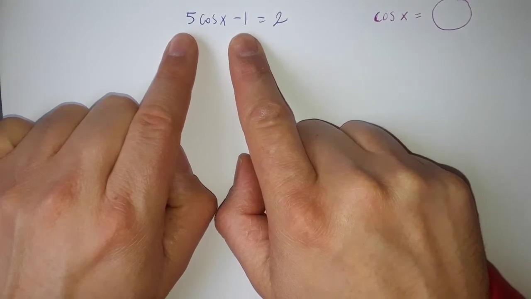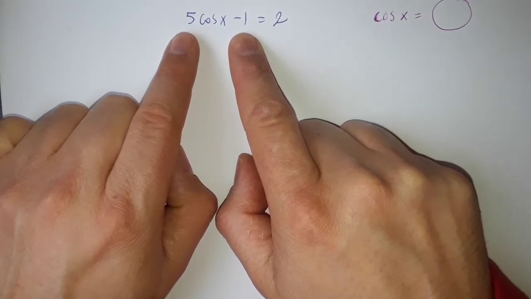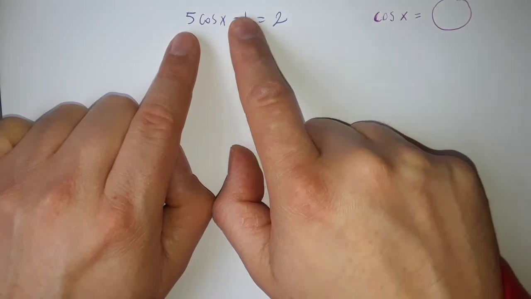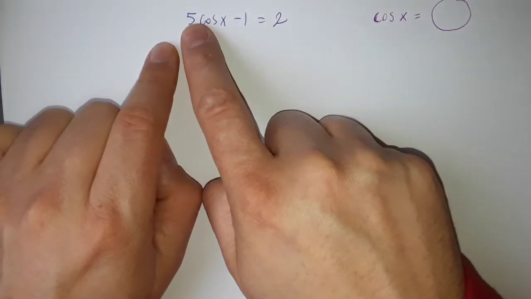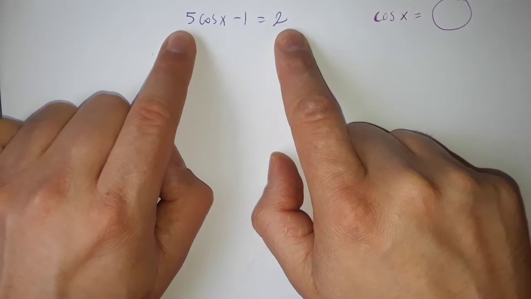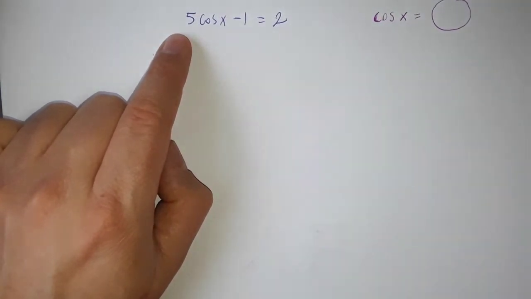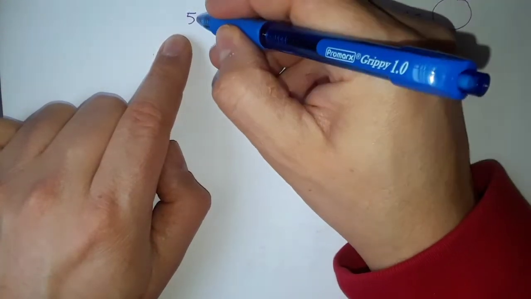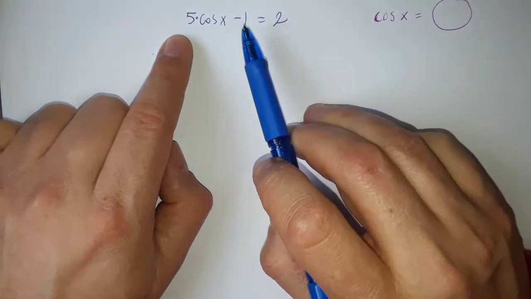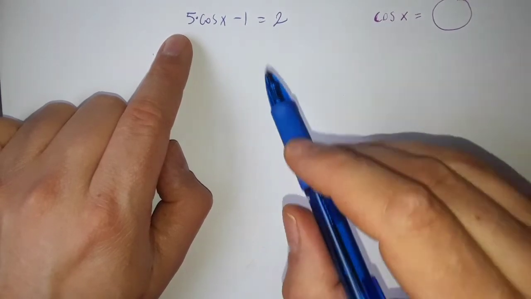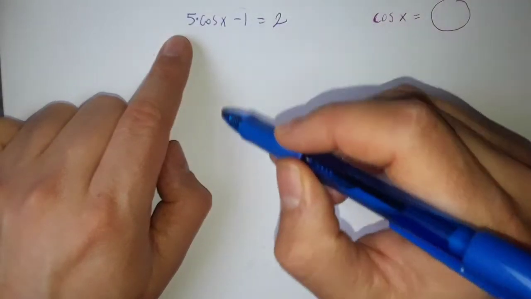What is with the cosine of x on the same side? We want to have this -1 on the other side, this 5 on the other side of the equation. Because this is multiplying and this is subtracting, what I have to do first here is get rid of this subtracting one.